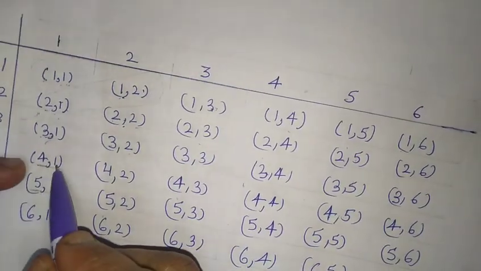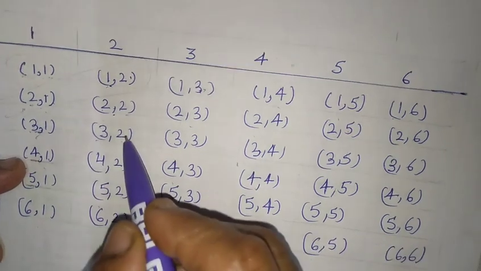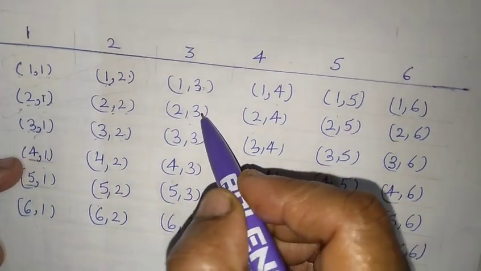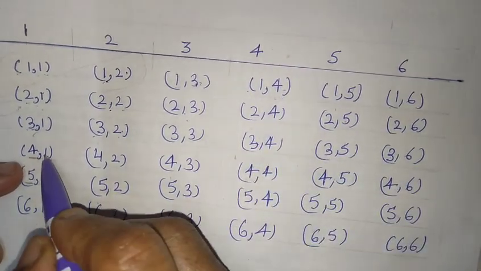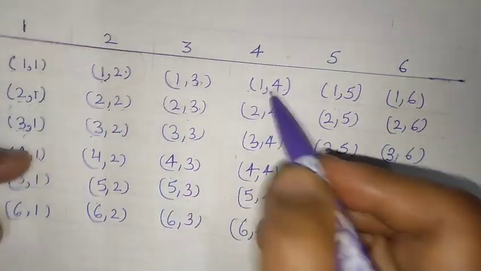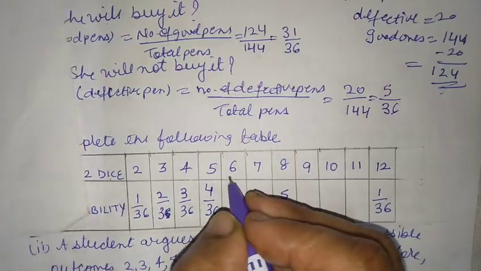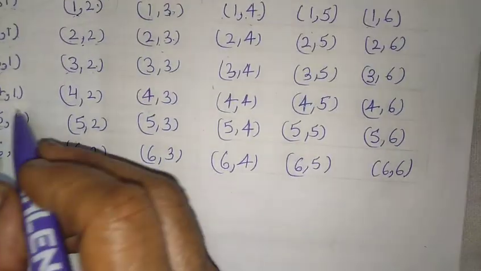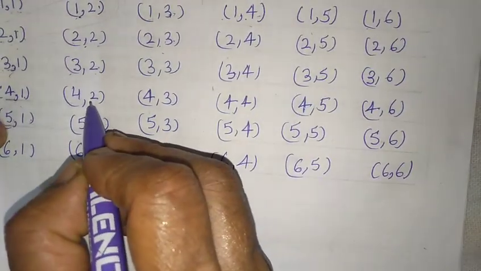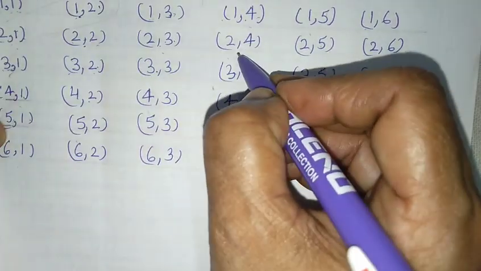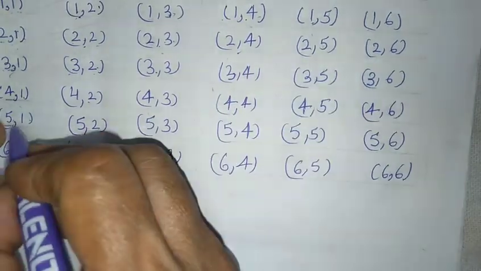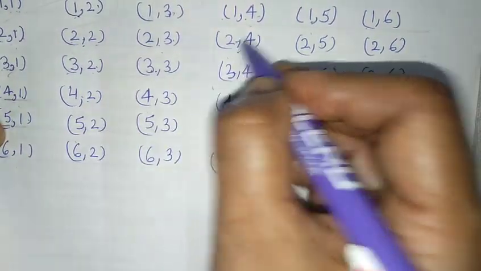In the same way, the sum 5 is 4 and 1, 3 and 2, 2 and 3, 1 and 4. That is 1, 2, 3 and 4. That will be 4 by 36 here. The probability that the sum is 6 will be 5 and 1, 4 and 2, 3 and 3, 2 and 4, and 1 and 5. That is 1, 2, 3, 4, 5.